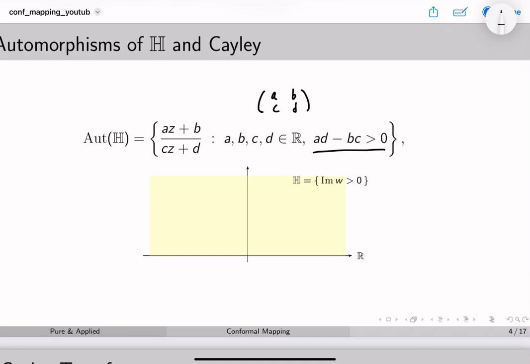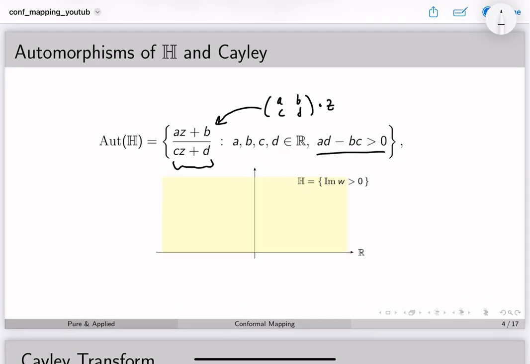And we're going to take a, b, c, d to be real numbers, and then we're going to look at a corresponding rational function. It's really the action of this matrix. If you don't know what action means, just think of it as this expression. It's the action of this matrix on z.